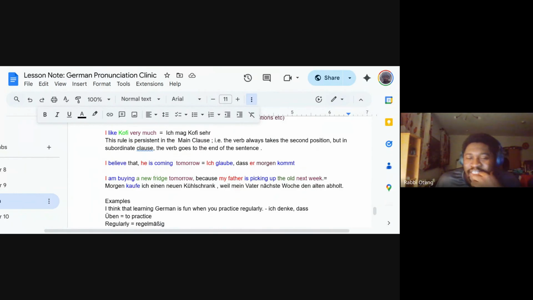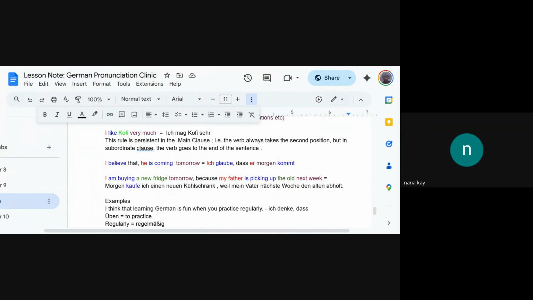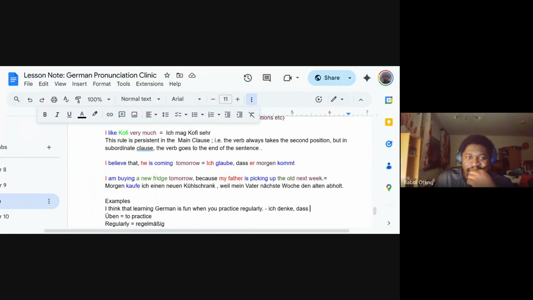The verb here is learning, so I'll take it together. Learning German is Deutsch lernen. So, ich glaube, das Deutsch lernen. And when we are saying something is fun, we say Spaß machen.